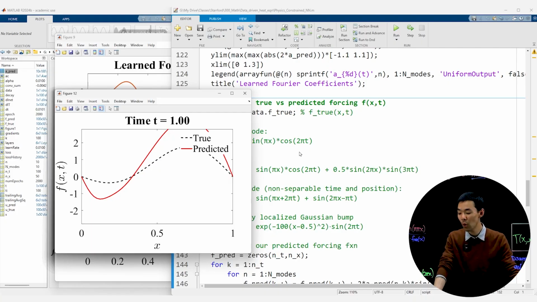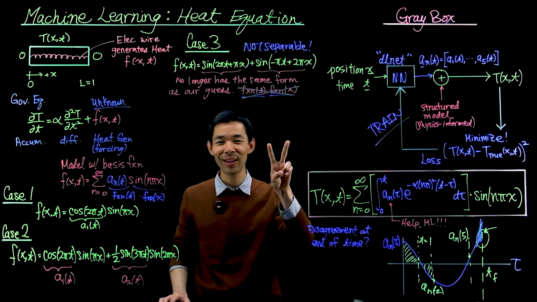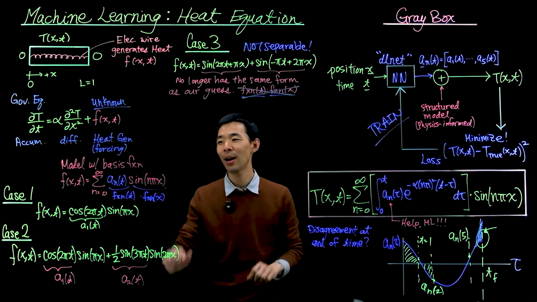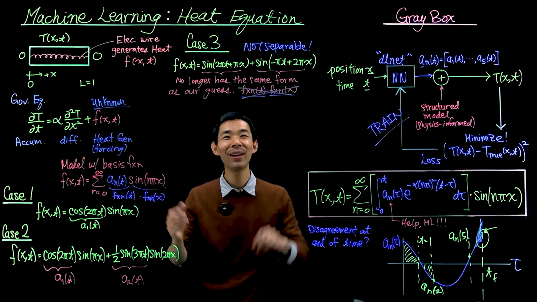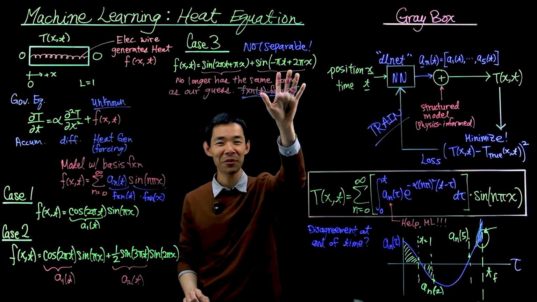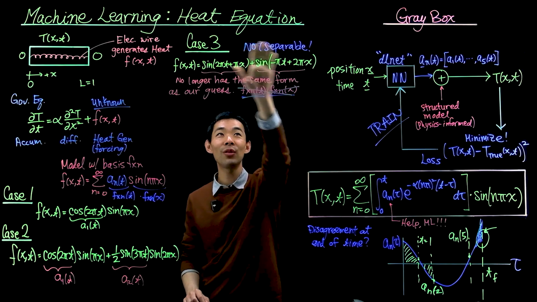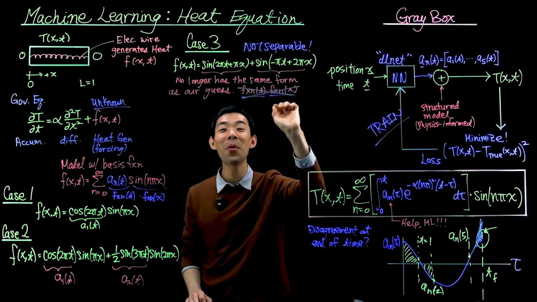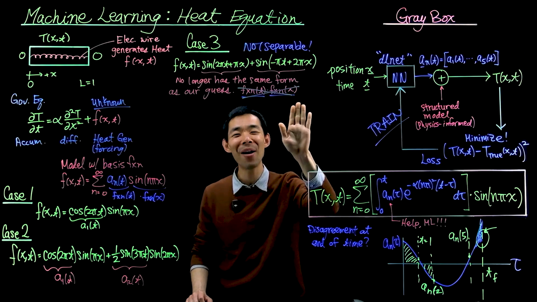And there's one thing I really want you to look at, and that is the value that's happening at the boundaries. There's actually two things that are very wrong about our assumed form of f compared to the actual forcing function f. Up here, I just showed you that it was non-separable, but it's more than that. Look at the boundary values.